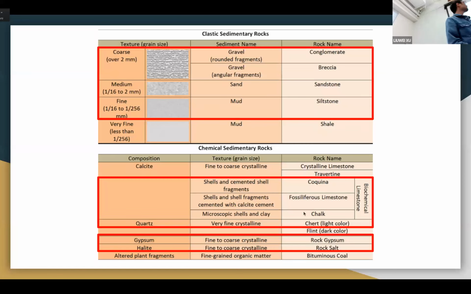Its material is very similar to the chalk we write with on the blackboard. If you can find fossils inside, it's the fossiliferous limestone. If you find a rock with a chaotic appearance, chaotic texture, it's the coquina. This chaotic texture comes from the broken shells inside the sedimentary rock.